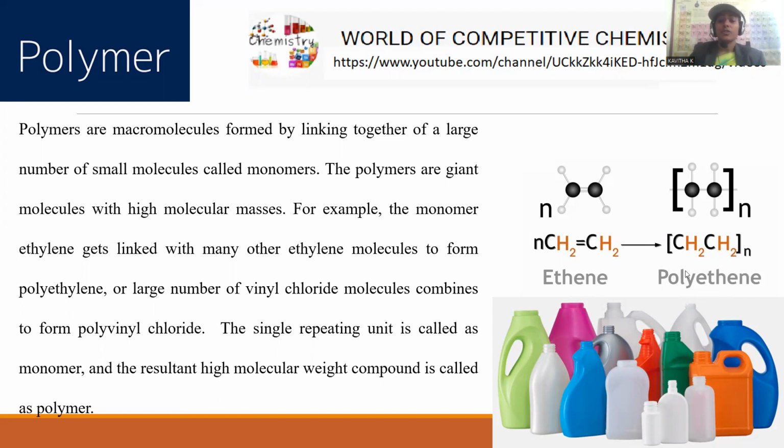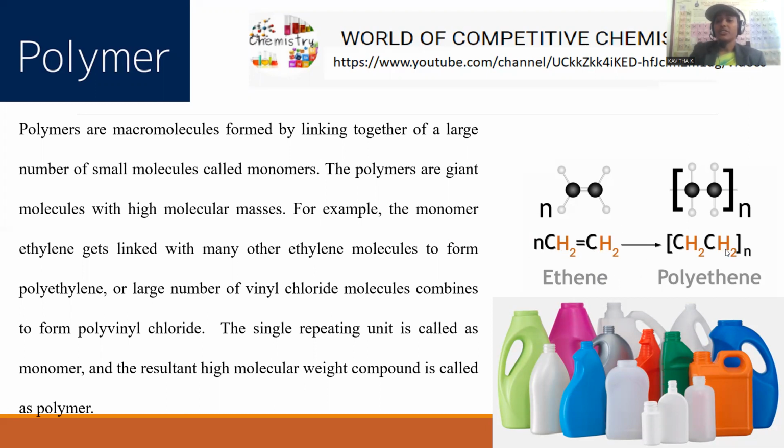This is the simplest polymer you can achieve by taking ethylene as a monomeric unit and linking it with many other ethylene units to form polythene. Take vinyl chloride, for example. How can we get it? When one of the hydrogens is replaced with chlorine, that will be designated as vinyl chloride.